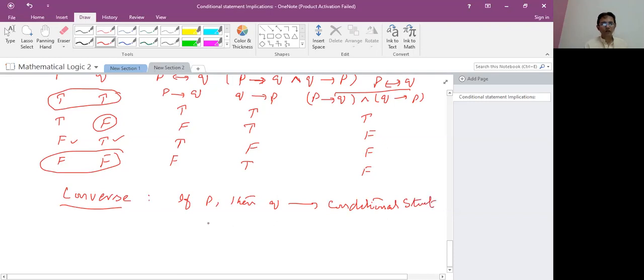If you convert it into if Q, then P, this is called converse. Now the second one is contrapositive.